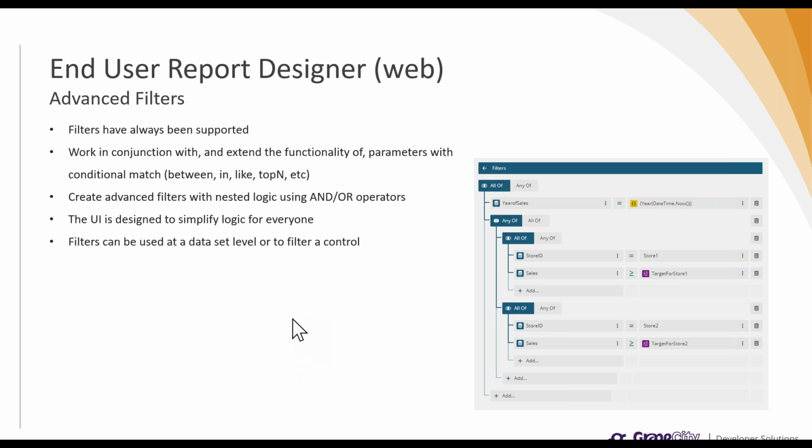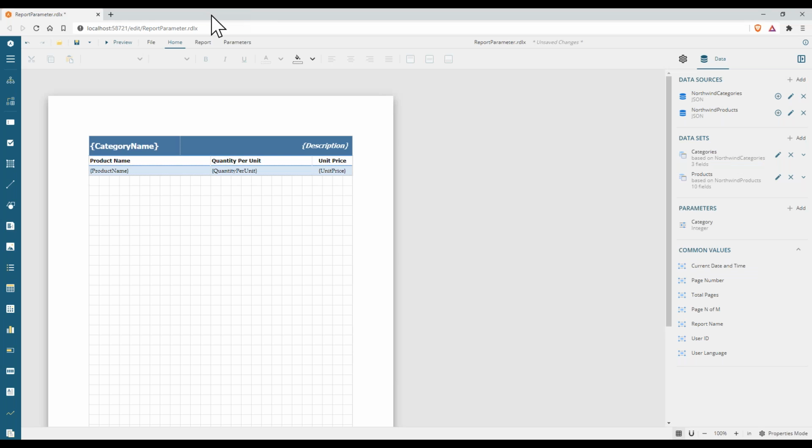Now, this filter can be applied at the dataset level, which would filter the entire data set for the report that is used. So every control within that report will have a filtered data set, or you could have this filter applied on a control level. Say, for example, let's bring back our report here.